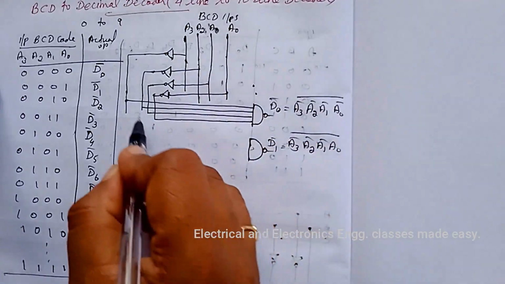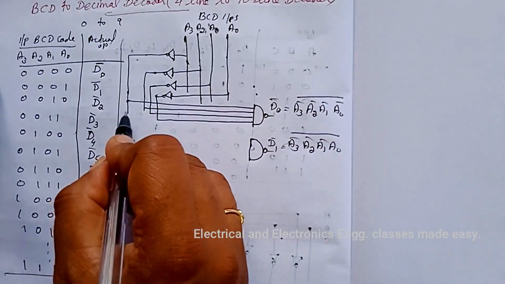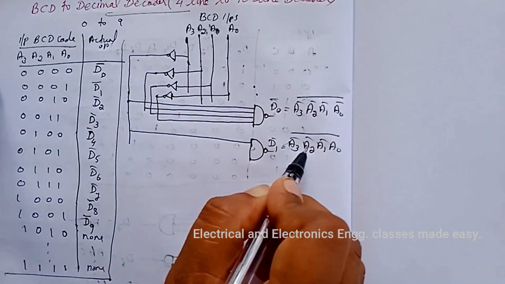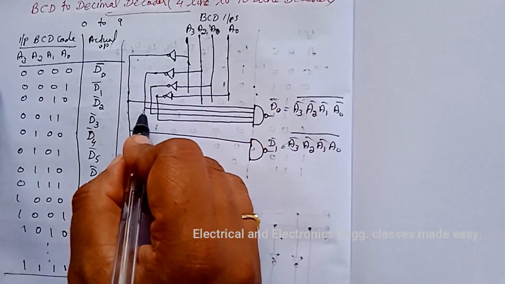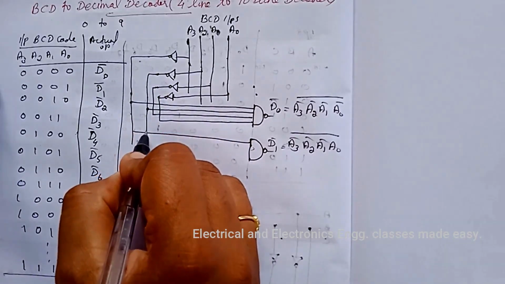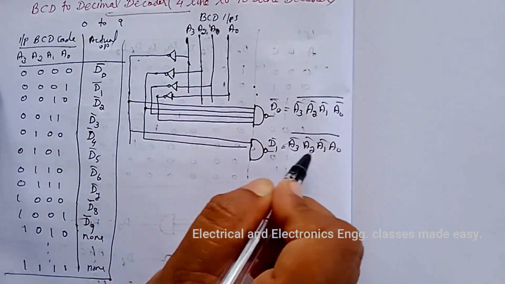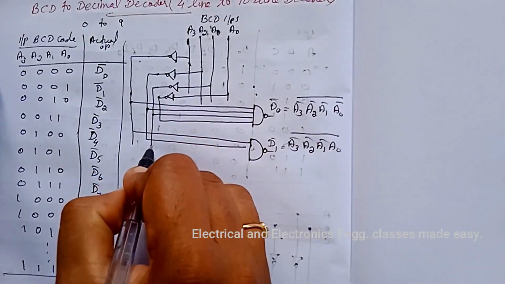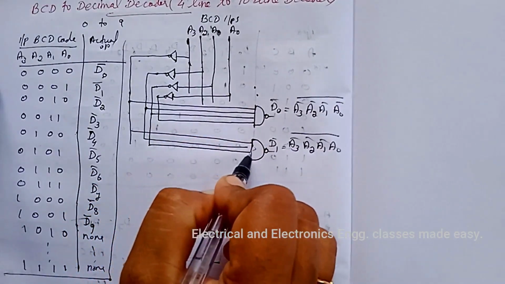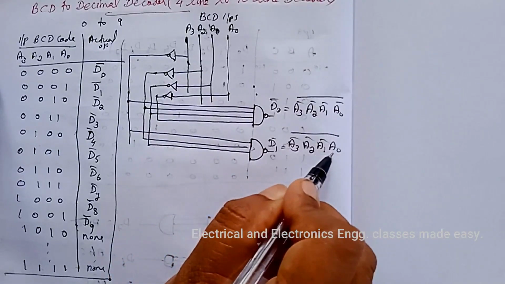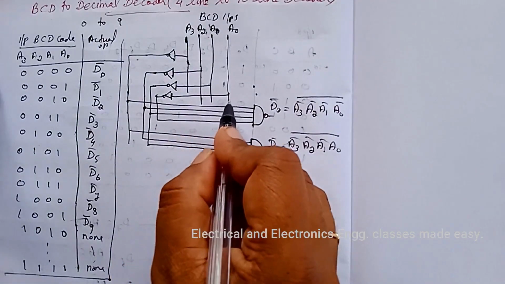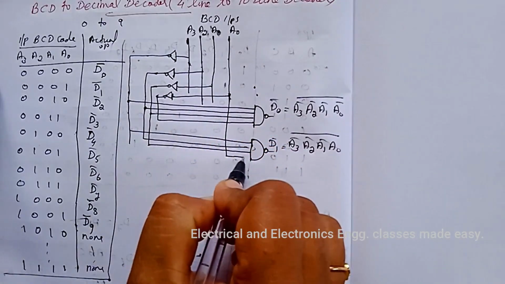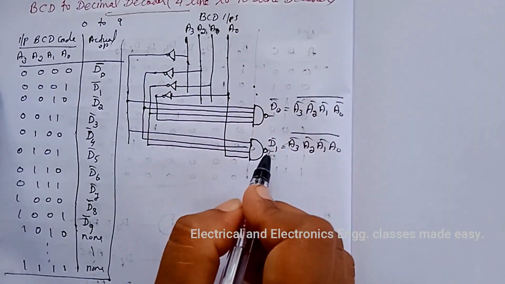So A3 bar is this one. From here we can draw A3 bar, A2 bar. A2 bar is this one. Then A1 bar is here. Next A0. A0 we can take from here. So we will get D1 bar.